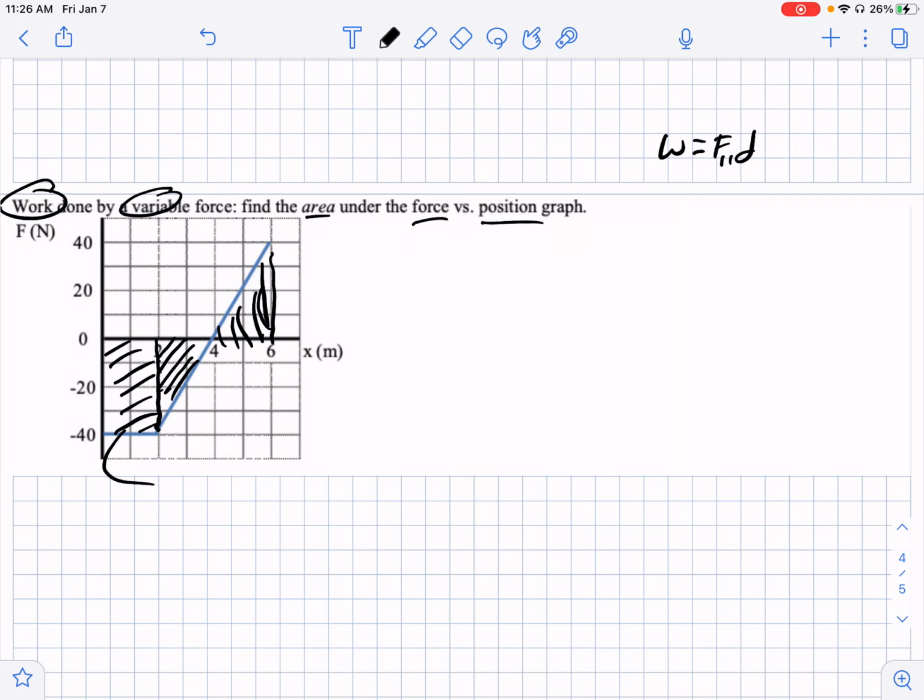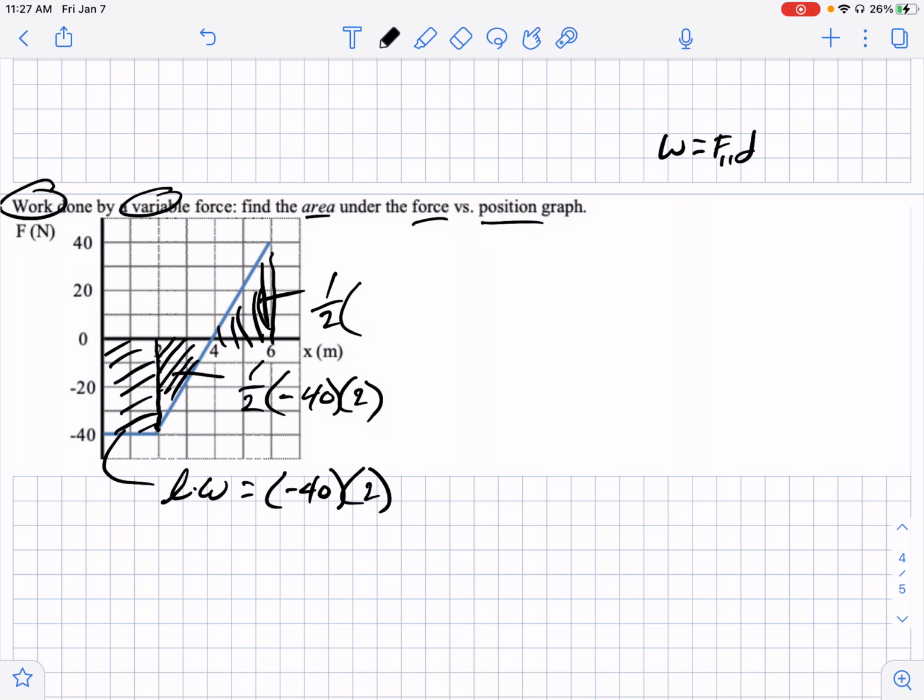So this one, the area here, is going to be the length times the width. So we got negative 40 times 2. For this triangle, 1/2 your base times your height. And for this triangle here, we got 1/2 your base times your height.